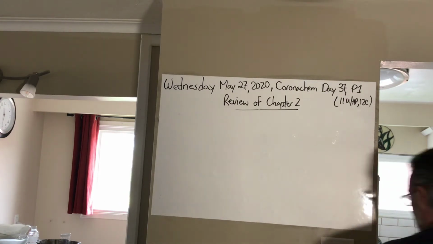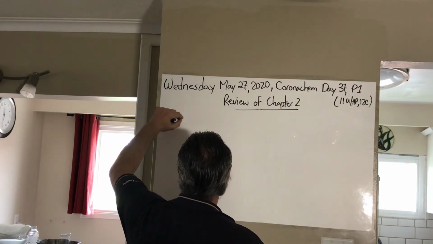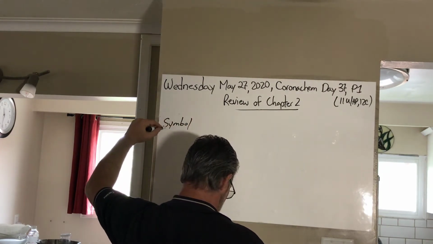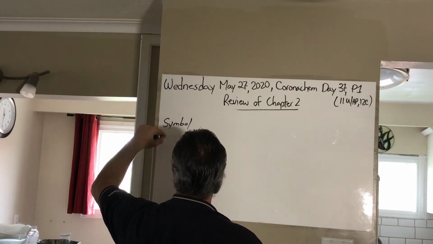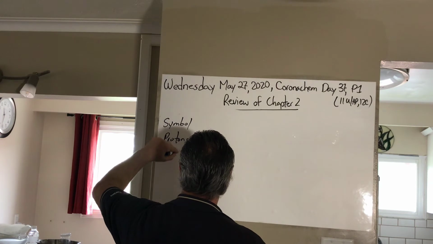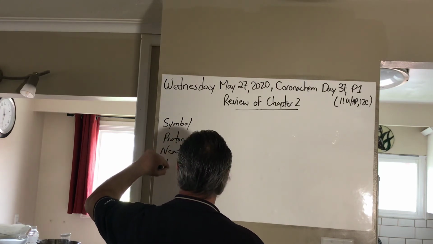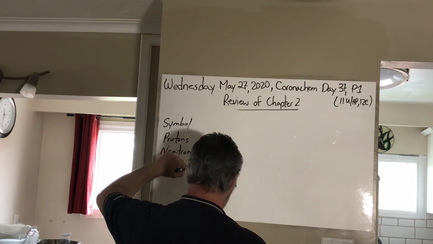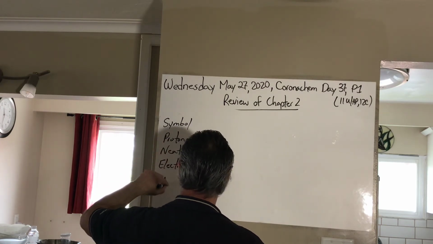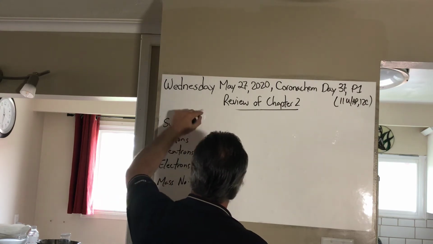So the chart has the following headings: the symbol, the protons, neutrons, electrons, mass number.